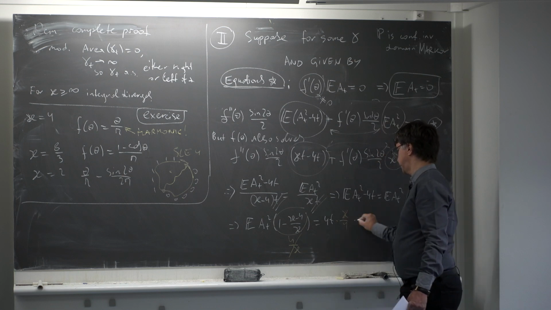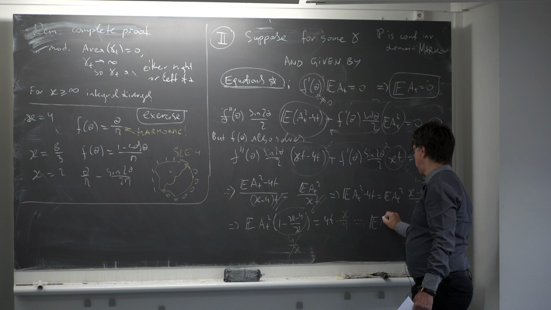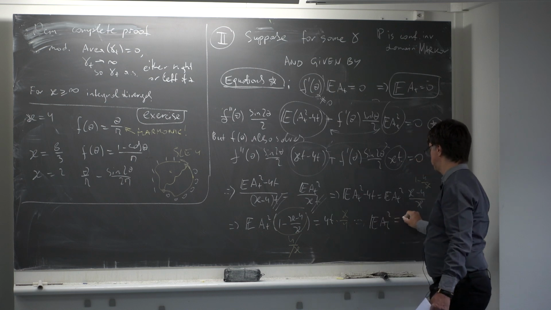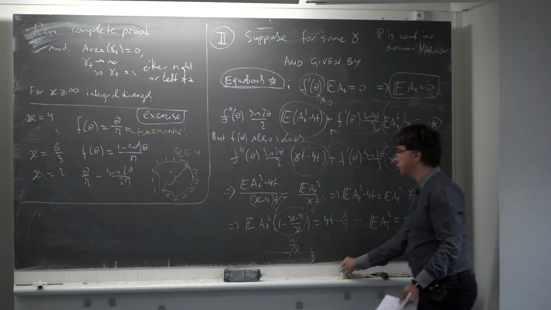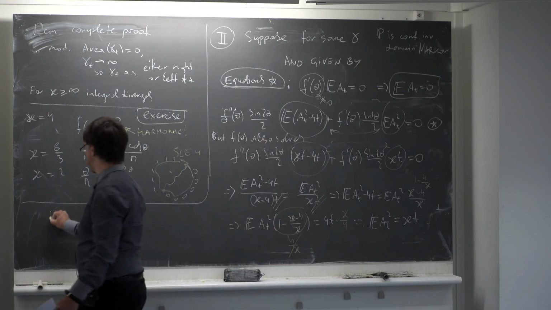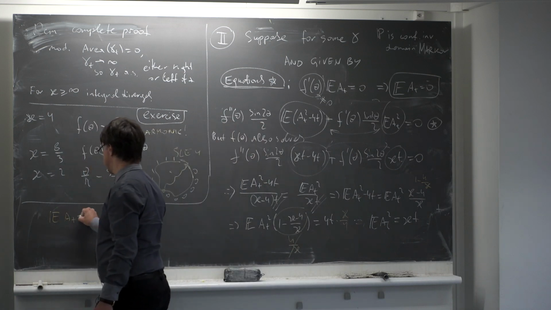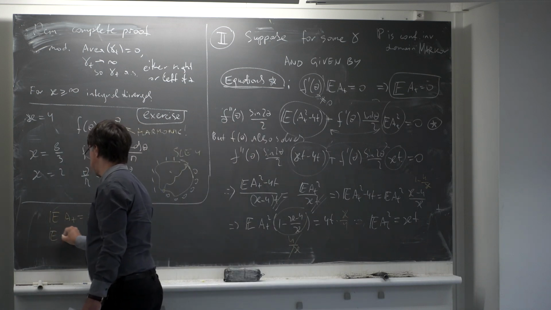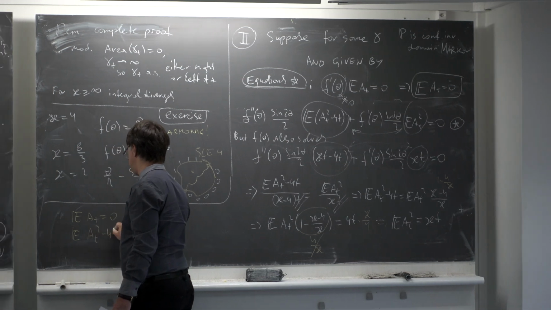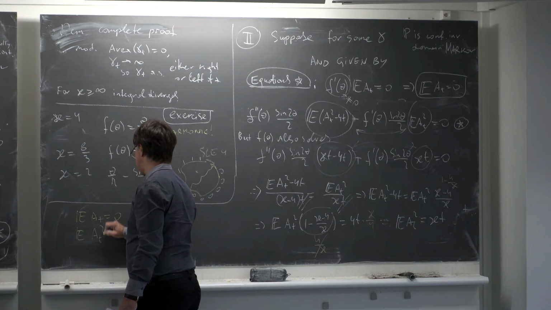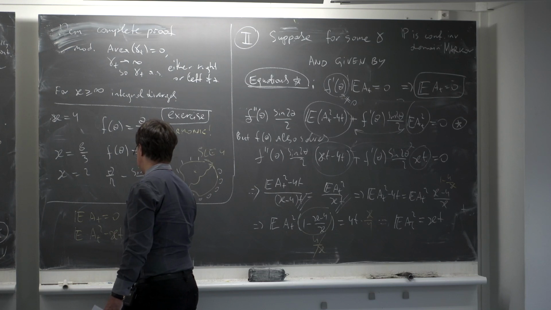So what we get is that expectation of a_t squared is equal to kappa t. So we deduce two things. We deduce that expectation of a_t is equal to 0, and expectation of a_t squared minus kappa t is equal to 0.